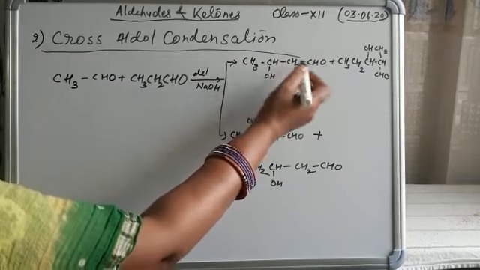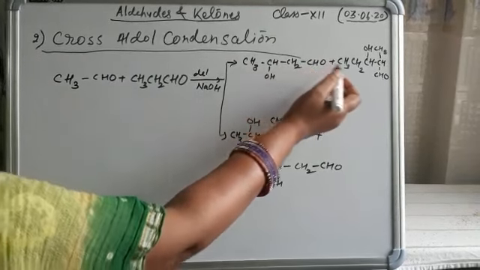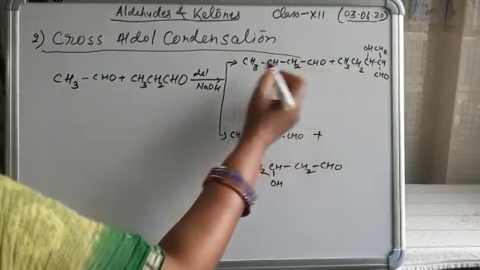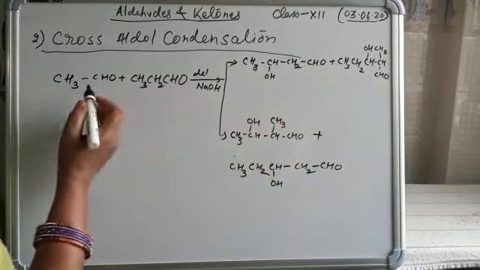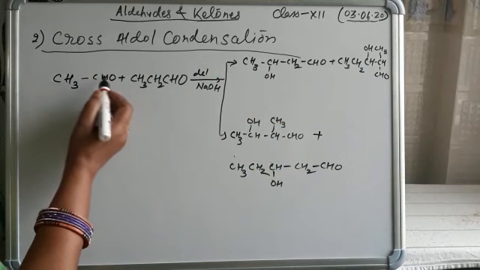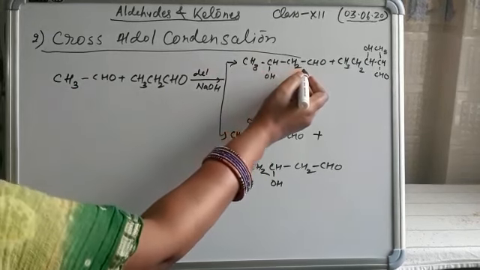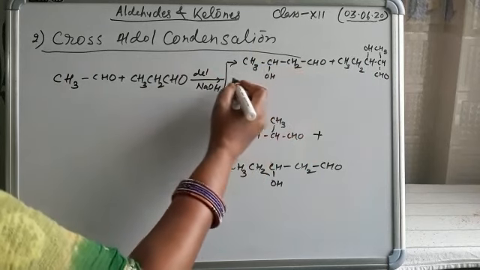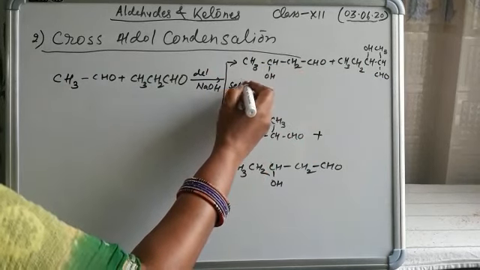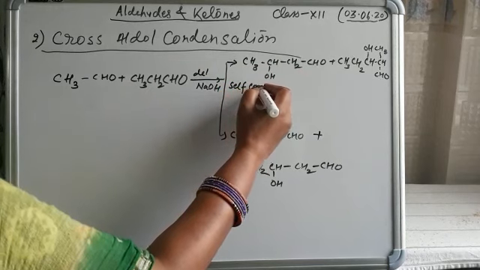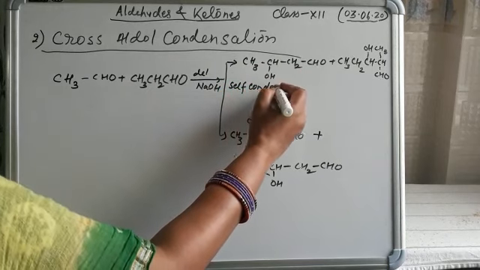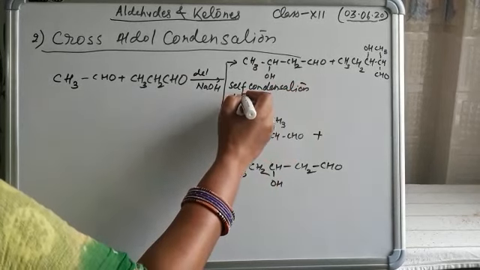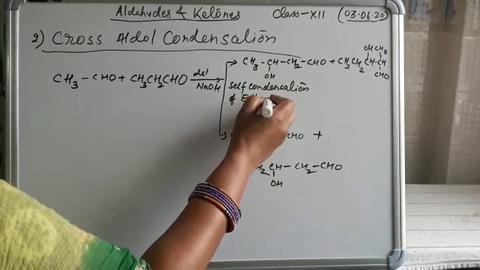1, 2, 3, 4, 3-hydroxybutanal, similarly 3-hydroxy 2-methyl pentanal, self-condensation and self-condensation. Self-condensation means when ethanal reacts with itself to form this compound, self-condensation of two molecules of ethanal. We can write here also self-condensation of ethanal molecules.